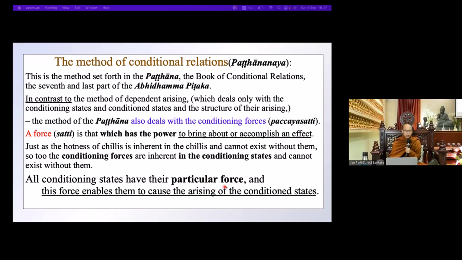The particular forces, Hetu Paccaya, Arammana Paccaya, etc., give rise as a cause to the conditional state, Paccayuppanna Dhamma. Between the Paccaya Dhamma and Paccayuppanna Dhamma, the power in the Paccaya Dhamma to give rise to the Paccayuppanna Dhamma is called the Paccaya Sati. These are the relationships between these two groups.